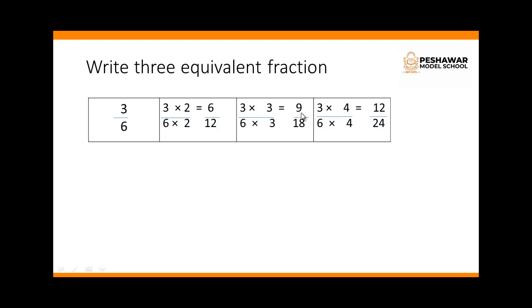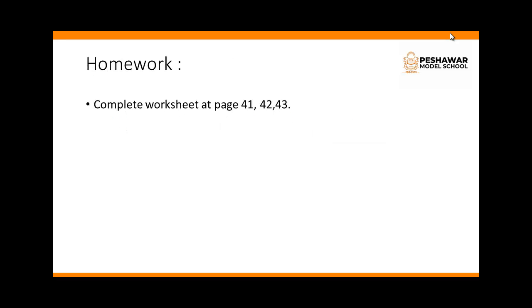We will get 9 over 18. Next we multiply it with the number 4. 3 into 4, 6 into 4. We will get 12 over 24. In this example, 6 over 12, 9 over 18, 12 over 24 are equivalent fractions.